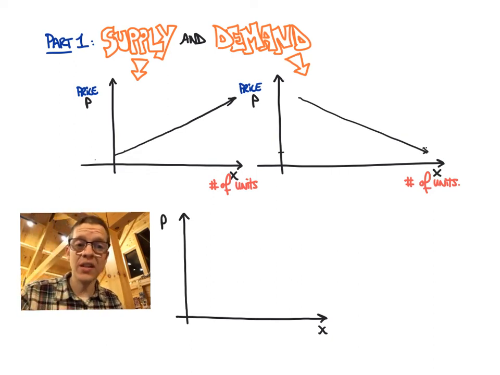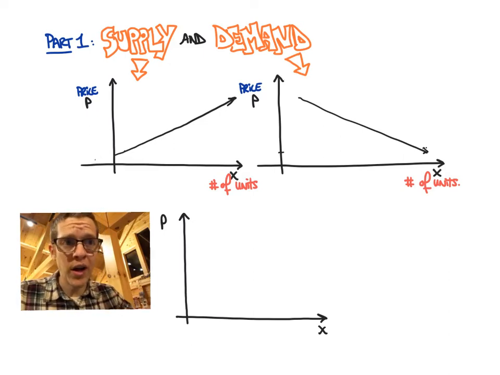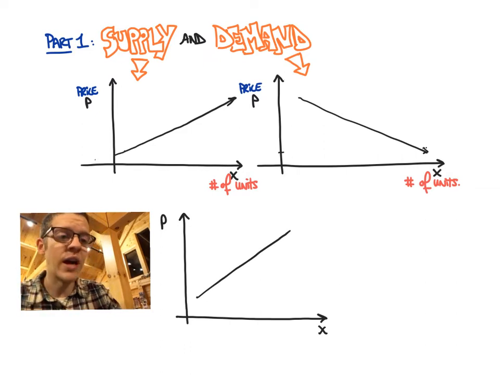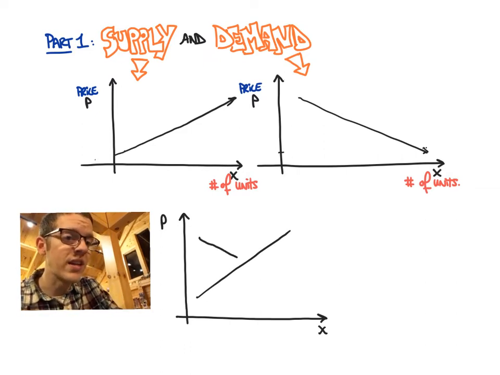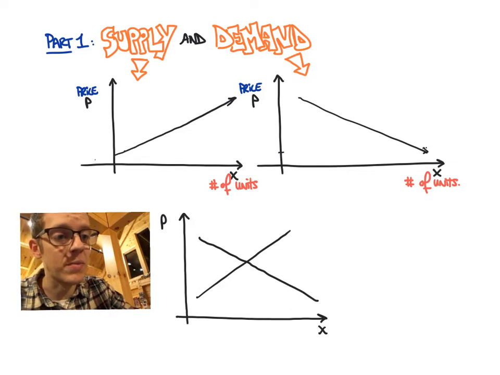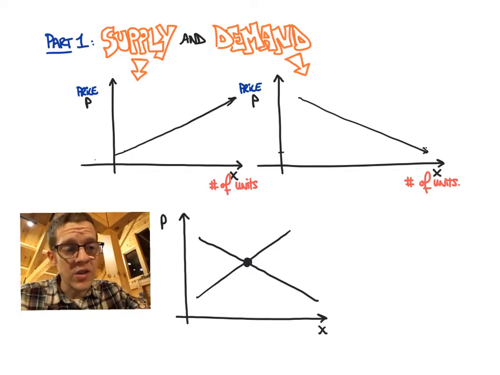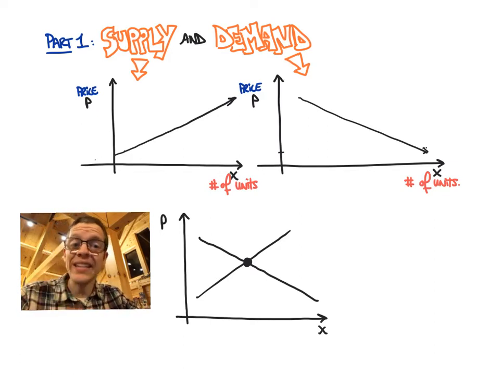Now the interesting thing comes when we put these 2 things together. We look at the balance between what the company wants and what the consumer wants. If you plot the 2 lines on the same graph, they're going to intersect at some special point here. This point is called the equilibrium point. What it represents is really the ideal price for selling this product.